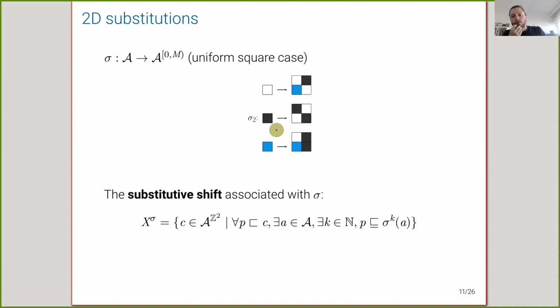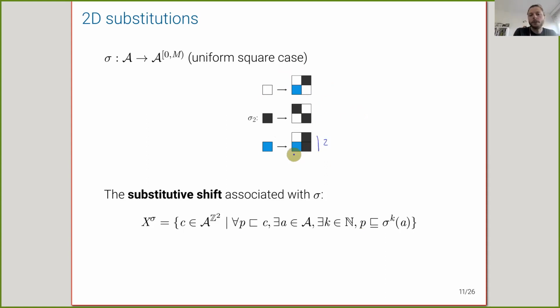Now, of course, I'm going to talk about dimension 2, and I'm gonna restrict myself for now to uniform square substitution. So in other words, substitutions that take one letter and then return a square, and all the squares will be of the same size m.